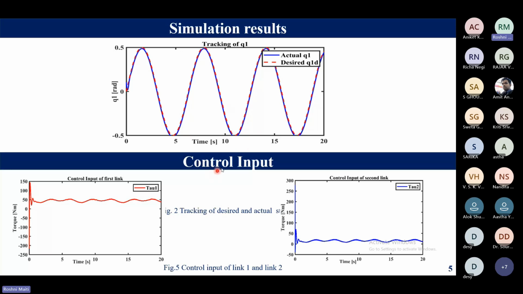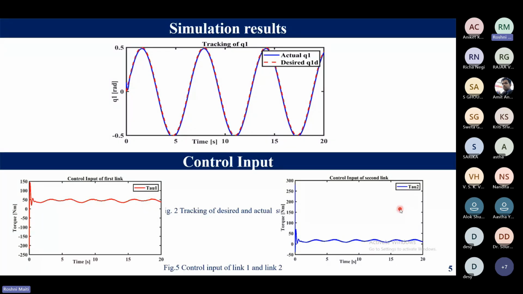And for this one, the control input we also have to show here. Therefore, we can see that the control input is also within the boundary for two motors. One is tau 1 and another one is tau 2. One is for the first motor and this input is for the second motor.